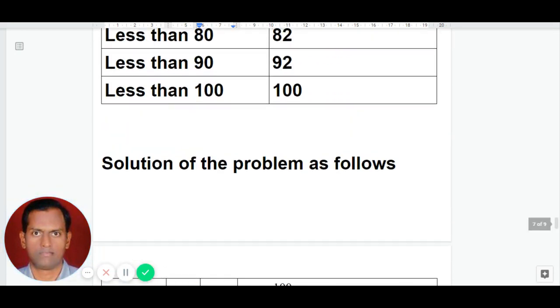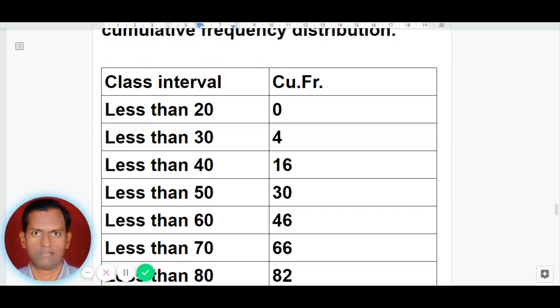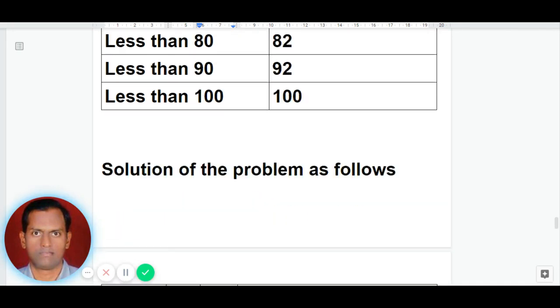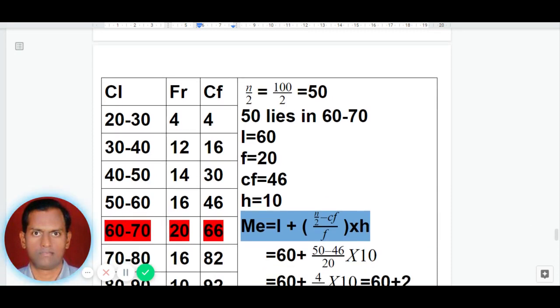Here, less than 20 is 0, so we can start with 20 to 30. 20 to 30 is 4, and 30 to 40, the total is given as 16.